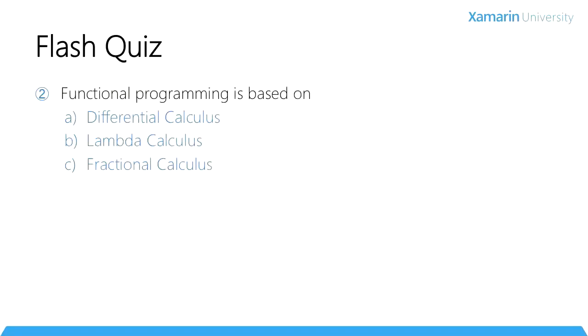Functional programming is based on A, differential calculus, B, lambda calculus, or C, fractional calculus. And the answer is B, lambda calculus.